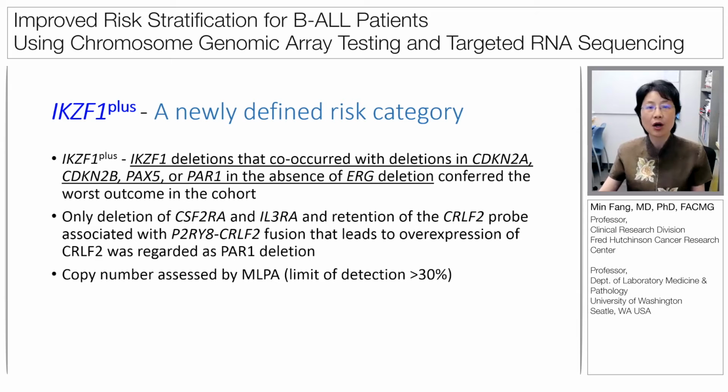That would result in overexpression of CRLF2, and that would be regarded as PAR1 deletion. To be clear, because it's a European study, they actually used the MLPA method for the copy number assessment. But in our study, we're using chromosome genomic array testing using the CytoScan platform. In their study, the limit of detection is generally 30% of the tumor cells, whereas the array testing can give you a limit of detection of about 20%, as we all know.